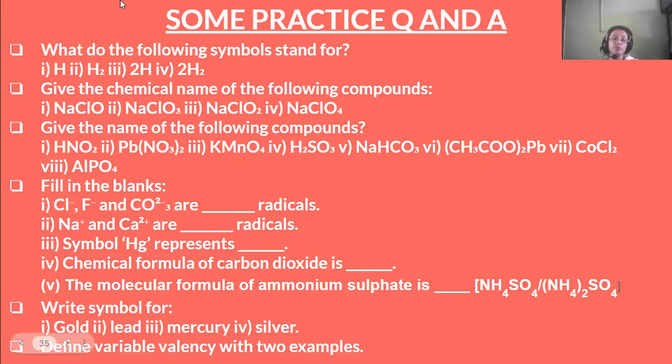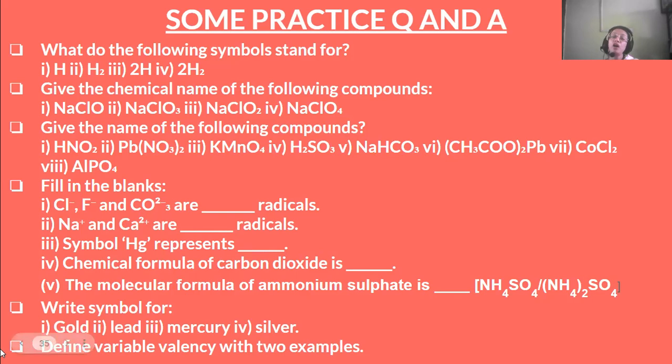Then some fill in the blanks: Cl minus, F minus, and CO3 2 minus are dash radicals. Na plus and Ca2 plus are dash radicals. The symbol Hg represents what? Then the chemical formula of carbon dioxide is dash.